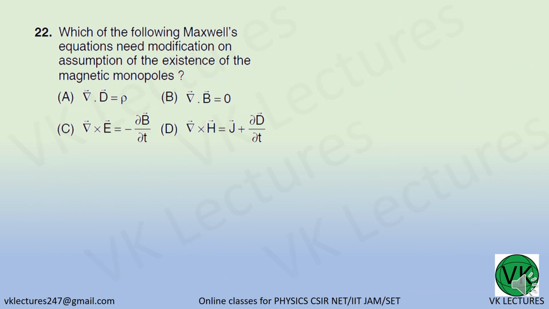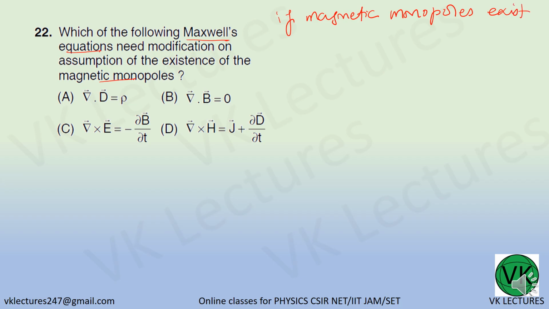Which of the following Maxwell's equations need modification on assumption of existence of magnetic monopoles? Which means that if magnetic monopoles exist, which of the following equations need to be changed?